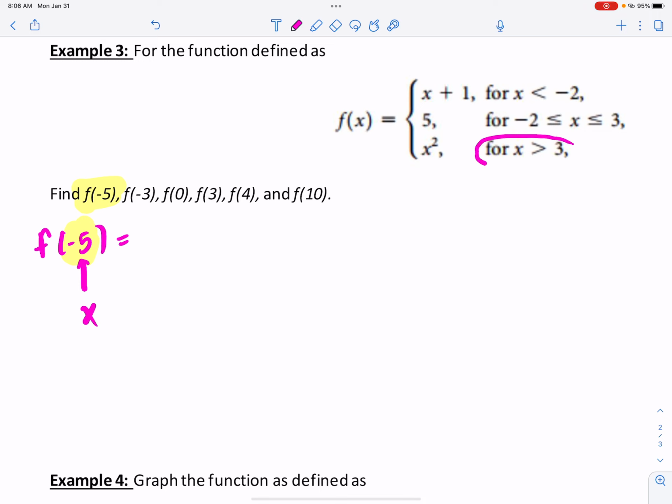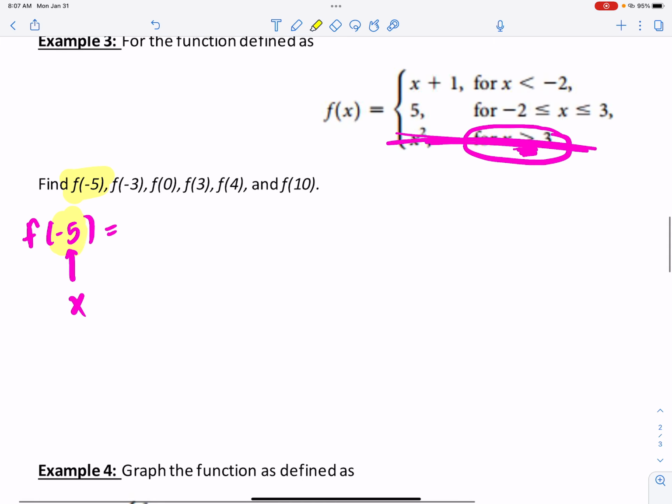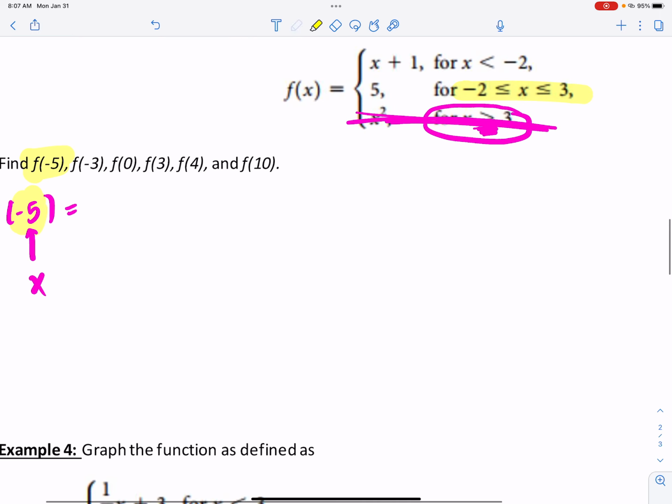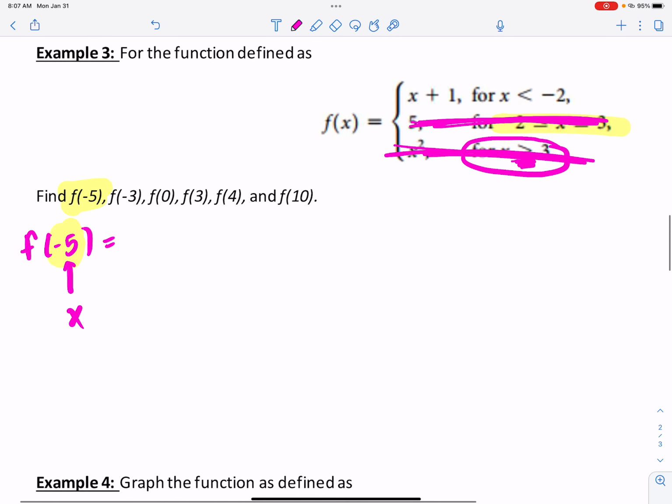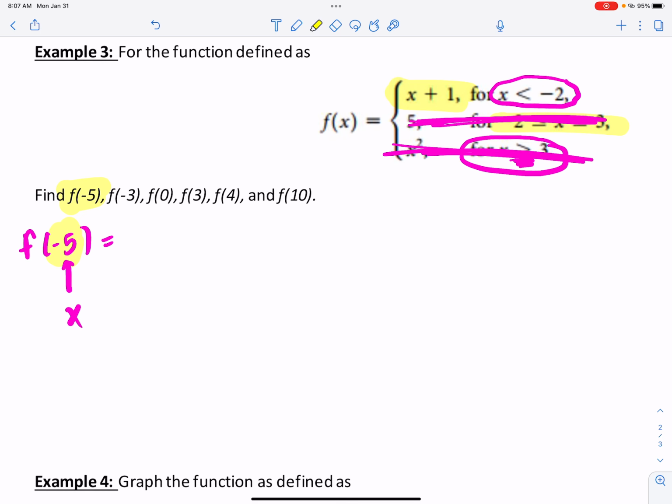Is -5 greater than 3? No, so I'm not going to use that one. That one's out. Is -5 between -2 and +3? No, it's not. So that one's also out. So I'm not going to use that one, which means I'll probably just use the top one. Is -5 less than -2? It is. So that means I'm going to use the first equation for this.